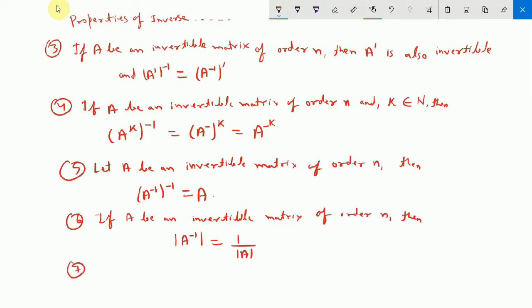The next property, the last property, is that the inverse of a non-singular diagonal matrix is a diagonal matrix.